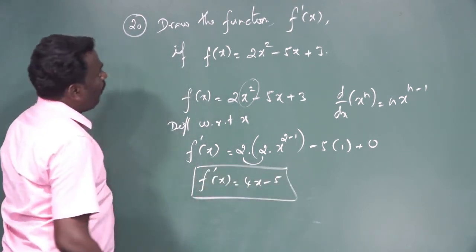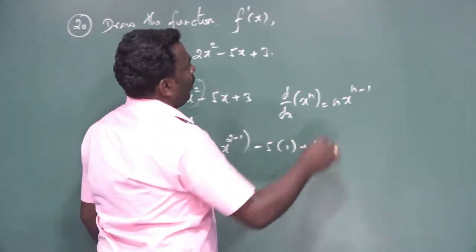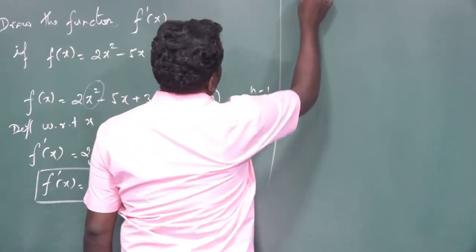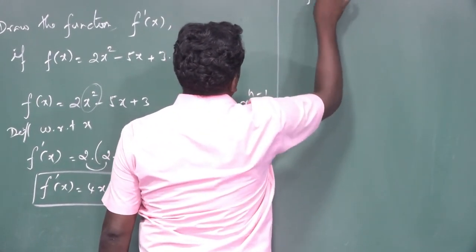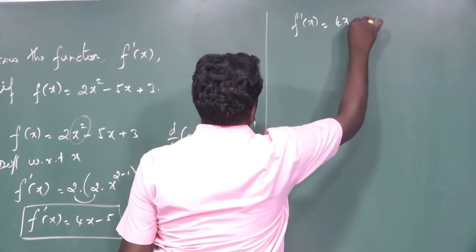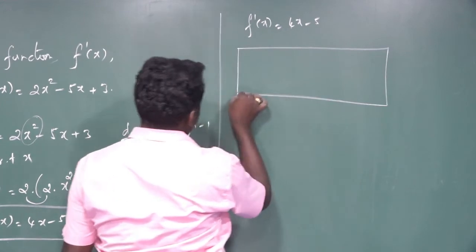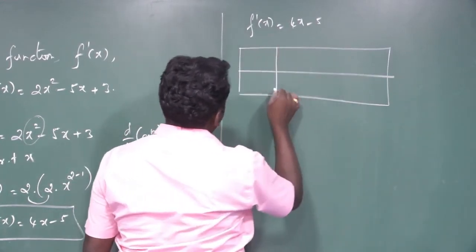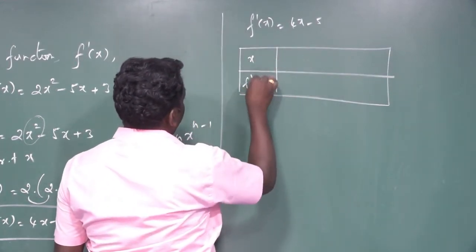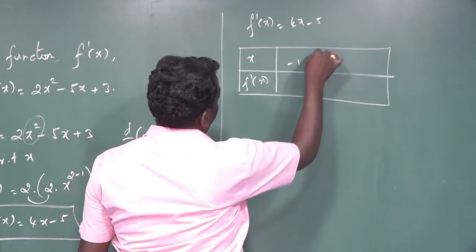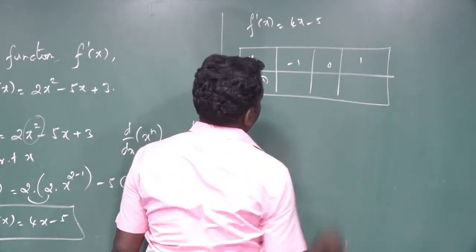Now we want to find a graph. Again, we take this function f dash of x equal to 4x minus 5. Using that, we find a table of x and f dash of x for minus 1, 0, and plus 1.